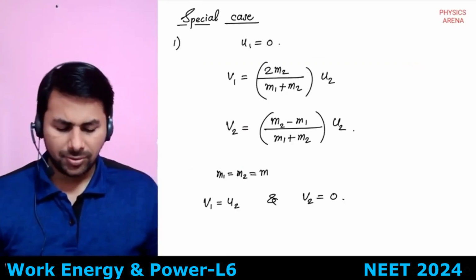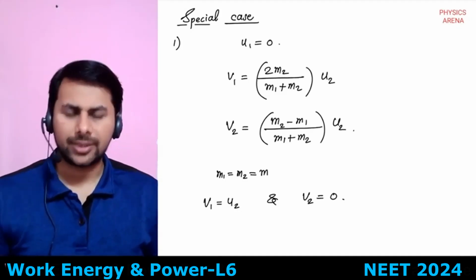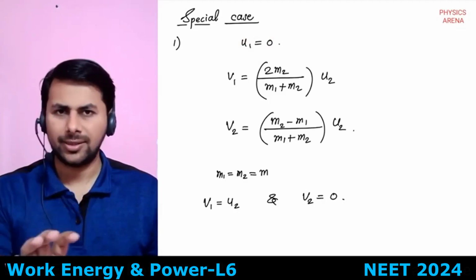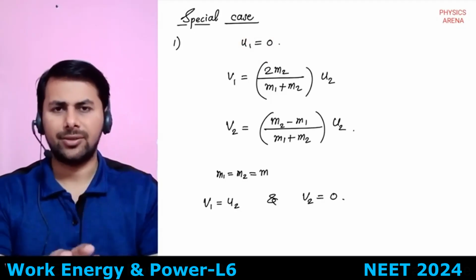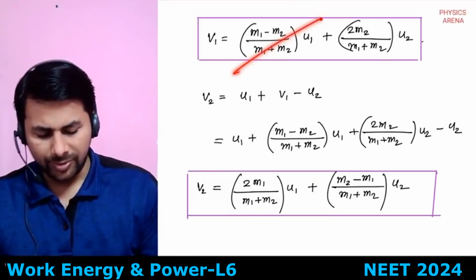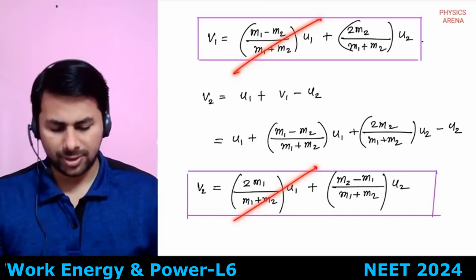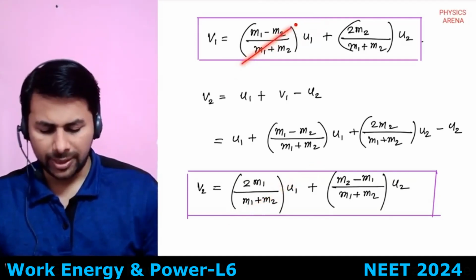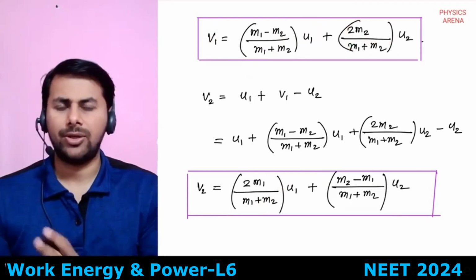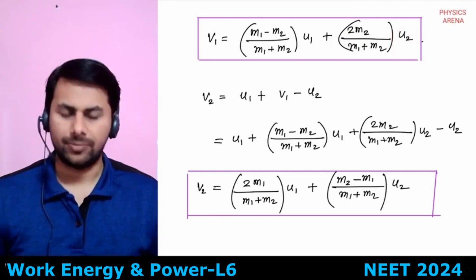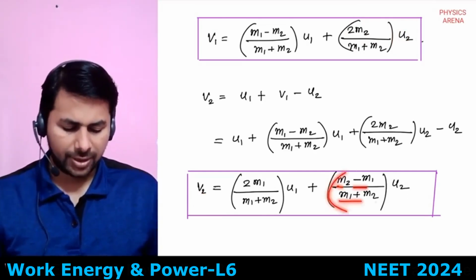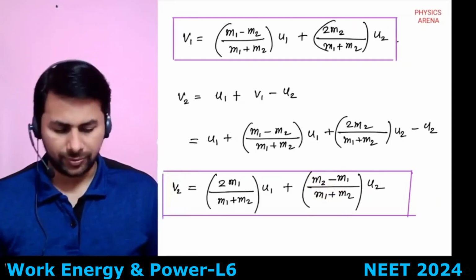After that, now we consider some special cases. What will happen if u1 is equal to 0? That means the first body is at rest and another body hits it with some velocity. So this term will be 0 and this term will be 0, and the formula gets simplified. v1 will be just equal to 2m2 upon (m1 plus m2) multiplied by u2, and v2 will be equal to (m2 minus m1) upon (m1 plus m2) multiplied by u2.